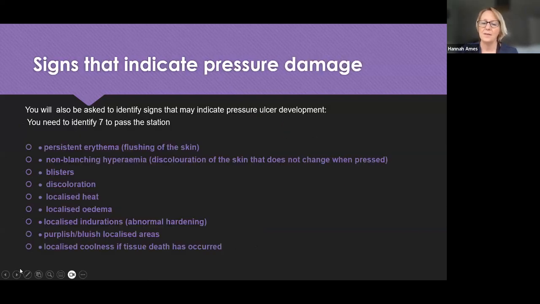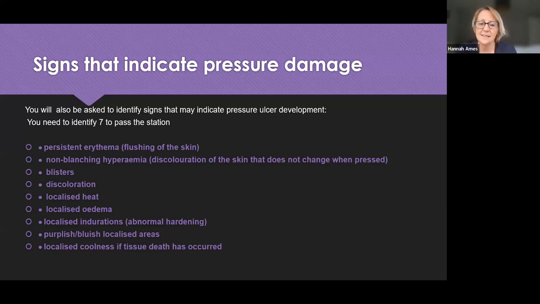The other bit you need to do is to demonstrate you understand what it looks like when a patient is developing pressure damage. So these are things such as persistent erythema, so redness of the skin, non-blanching hyperaemia. So when you put your finger onto that red area, it doesn't change colour to white and reperfuse.